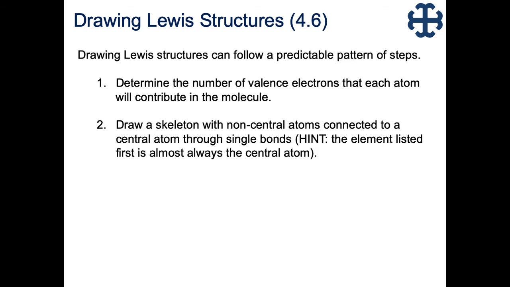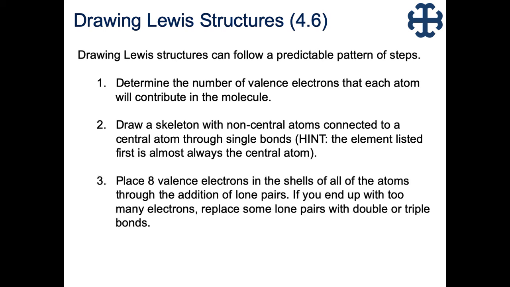Next up, we want to draw a skeleton with any of our non-central atoms connected to a central atom through single bonds. And a hint for you if you're ever trying to determine what the central atom is: the element that is listed first is almost always going to be that central atom. So I would start there.